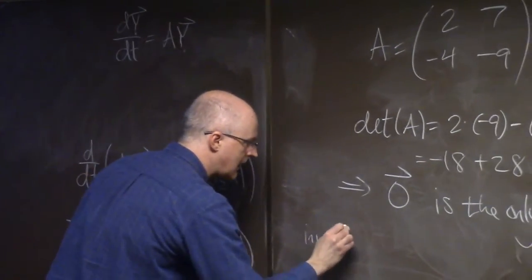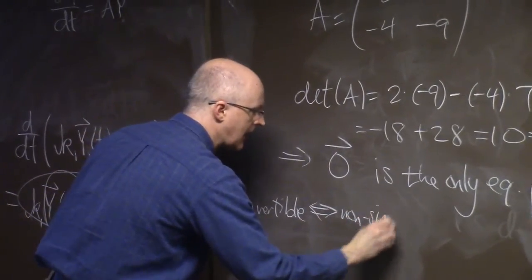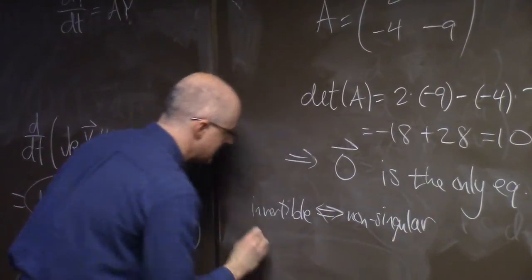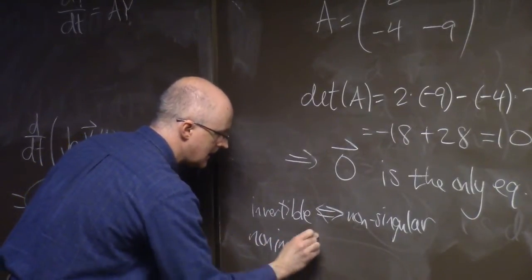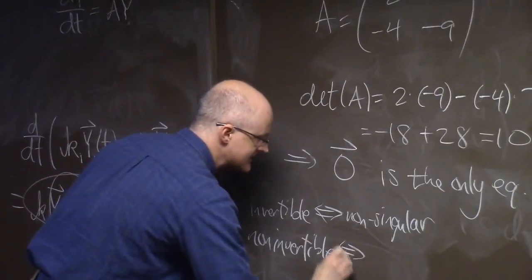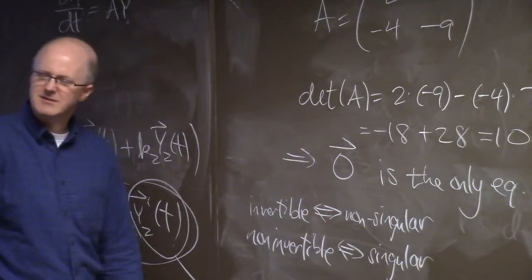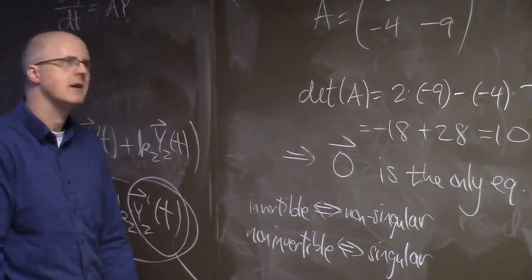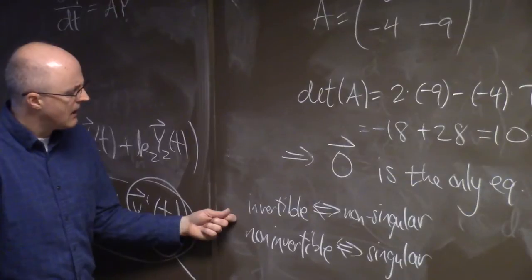Invertible is equivalent to non-singular. Non-invertible is equivalent to singular. We're not really going to be able to use inverse matrices much here. I don't think we really need them much. But anyway, this is just something to know.